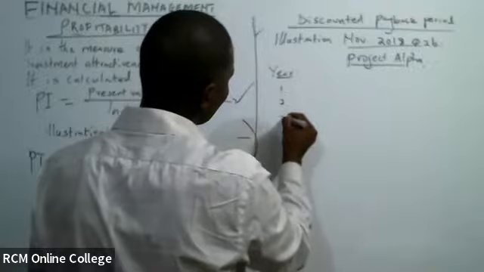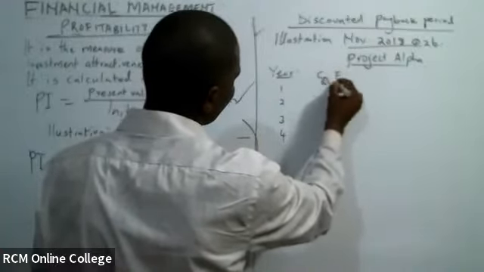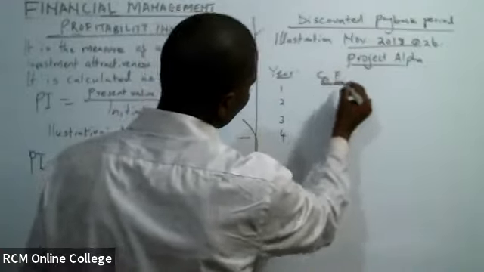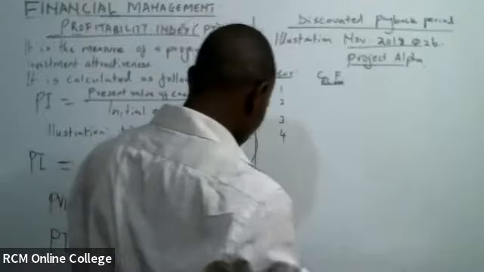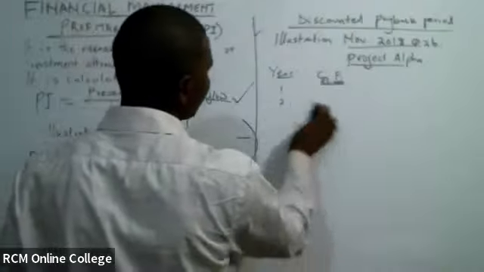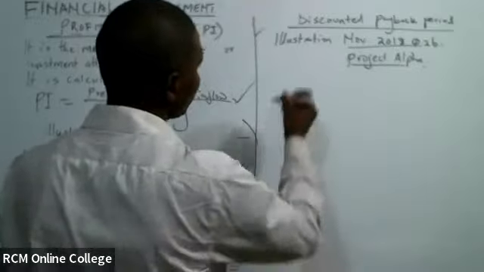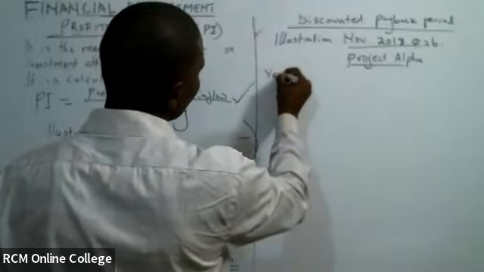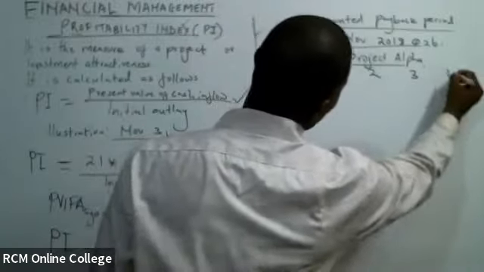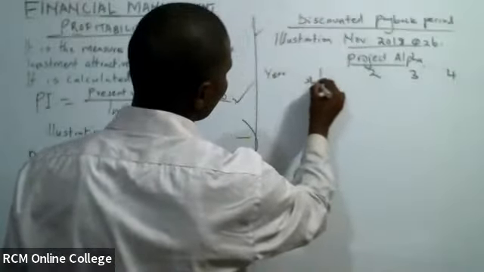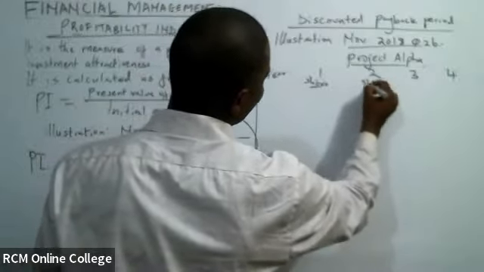Year 1, 2, 3, and 4. Then the cash flow here, shillings in 1,000. Let's use the other way. Let's use horizontal. Here, 1, 2, 3, 4. I think horizontal will help me to solve it correctly.